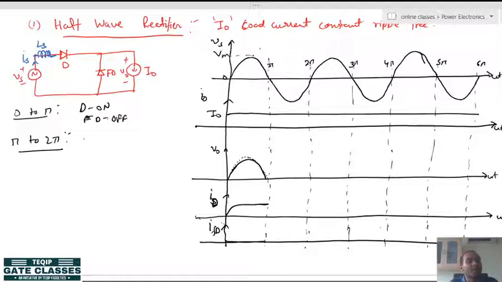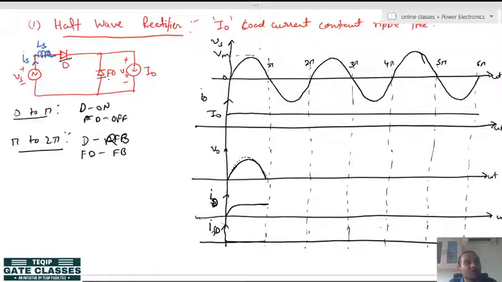Now what is happening from pi to 2 pi? At the pi instant the supply reversal takes place, hence the diode will be reverse biased and the freewheeling diode will be forward biased. If source inductance were not there, this diode would be immediately off, the freewheeling diode would be immediately on, and the load current would immediately commutate from the diode to the freewheeling diode.